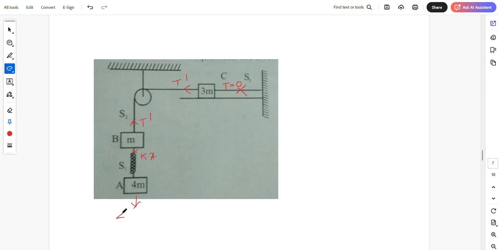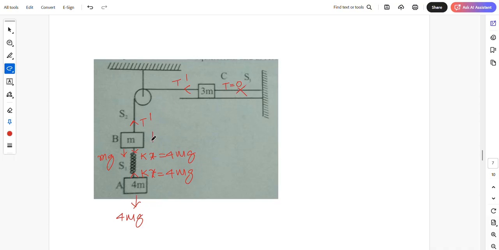This is 4 mg, this is mg, kx is equal to 4 mg as it is. Tension changes. Now you are supposed to calculate tension here. Earlier how much was the tension? 5 mg. Now T dash will be less because this is cut.